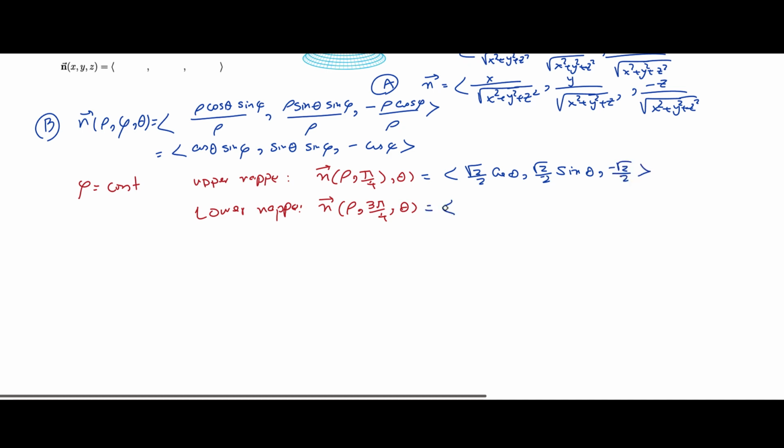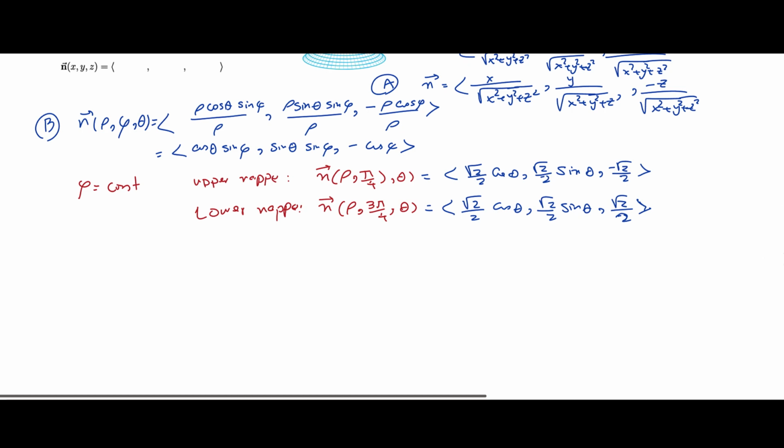And in this one, for sine of 3 pi over 4, it's still positive. It's in the second quadrant. And square root of 2 over 2. So for upper nappe and lower nappe, you get slightly different unit vectors. And so that's that.